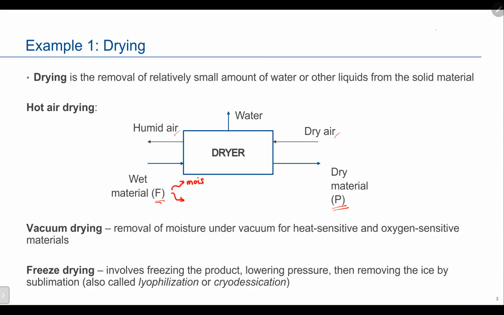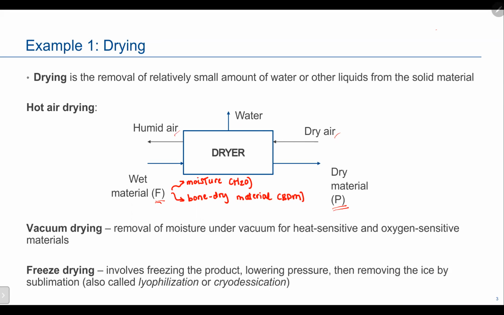So si moisture, it's in the form of water, of course, right? Whilst the other component in your wet material is what we call your bone dry material, or BDM. So ito yung sinasabi natin kaninang tie component.